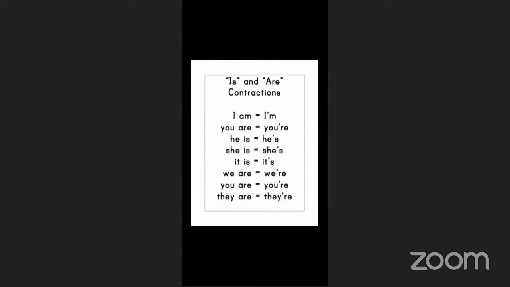You are, you're. They are, they're. Right? So I think you have got them down and you have a clear idea on some of the contractions, or as we say, shortened forms. Right.